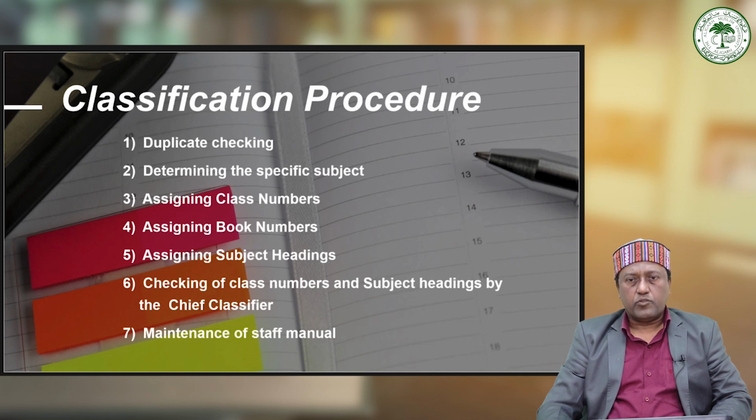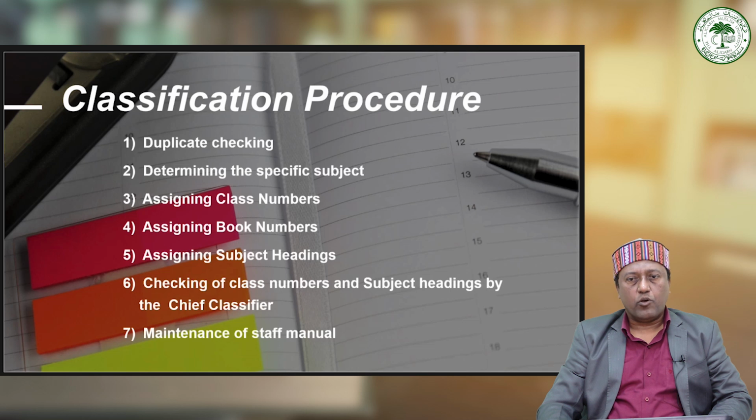One most prominent one is the Cutter author table, developed by Charles Ammi Cutter, and this system assigns alphanumeric codes based on the author's last name, allowing for alphabetical arrangement within each class. Second, we have the Cutter-Sanborn author table. This is an extension of Cutter's system, incorporating additional rules and modifications for more precise arrangement of authors' names.